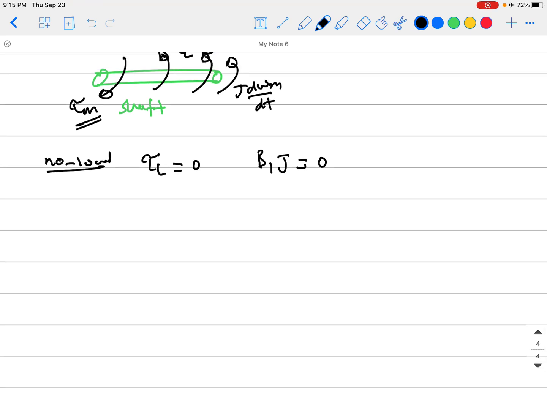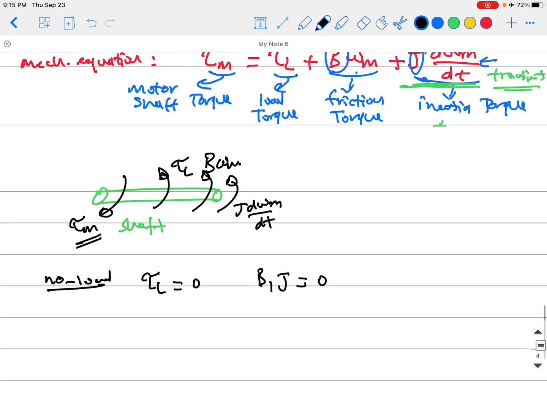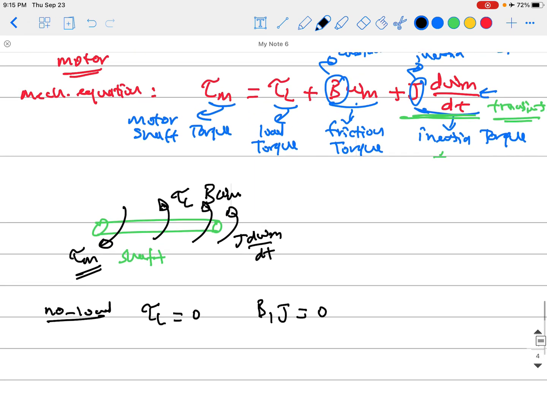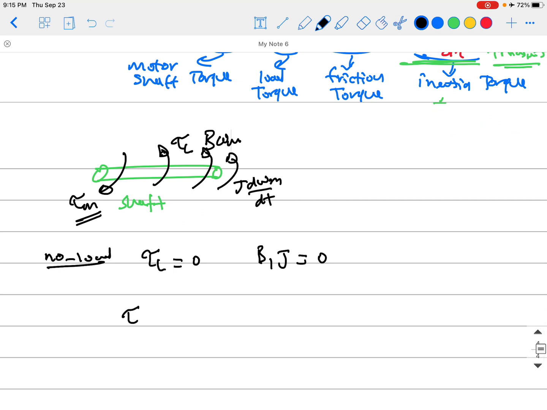Here, he didn't talk about them, so he assumed they're 0. So the load torque is 0, B omega m is 0, and J d omega by dt is 0. From this mechanical equation, the motor torque equals 0 at no load.